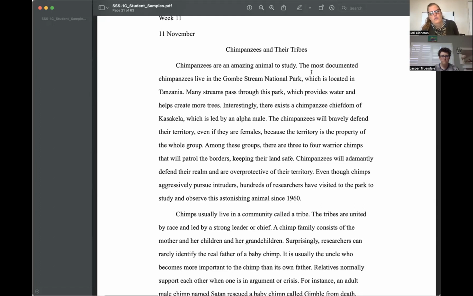Okay, so the most documented chimpanzees live in the Gombe Stream National Park, which is located in Tanzania. Many streams pass through this park, which provides water and helps create more trees.